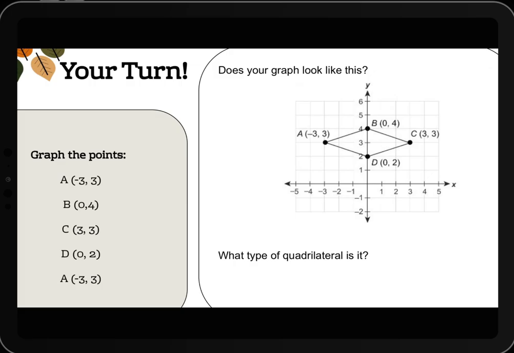So, are the opposite sides all the same? Are the diagonals perpendicular, I should say. Let me be clear about that. And so we can do those types of things with this problem here. Let's first explore the slope of the opposite sides. I'm going to go ahead and you can use rise over run as an example.